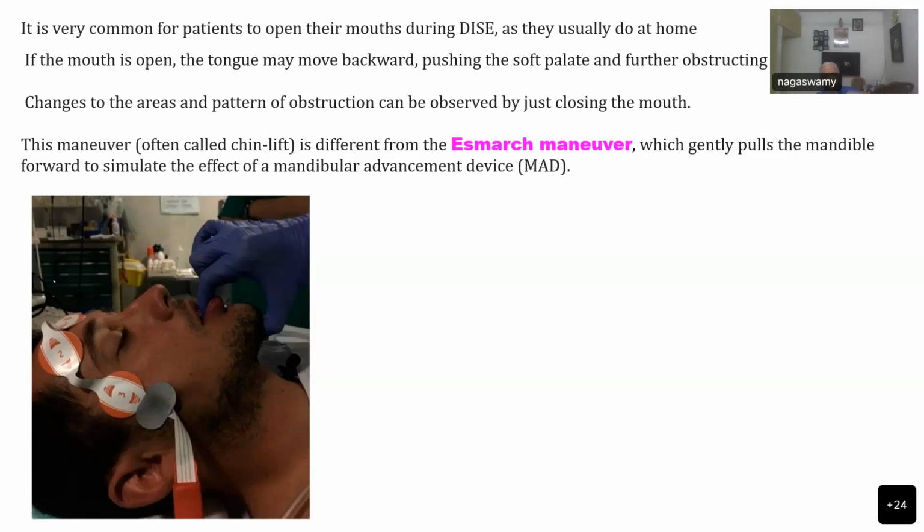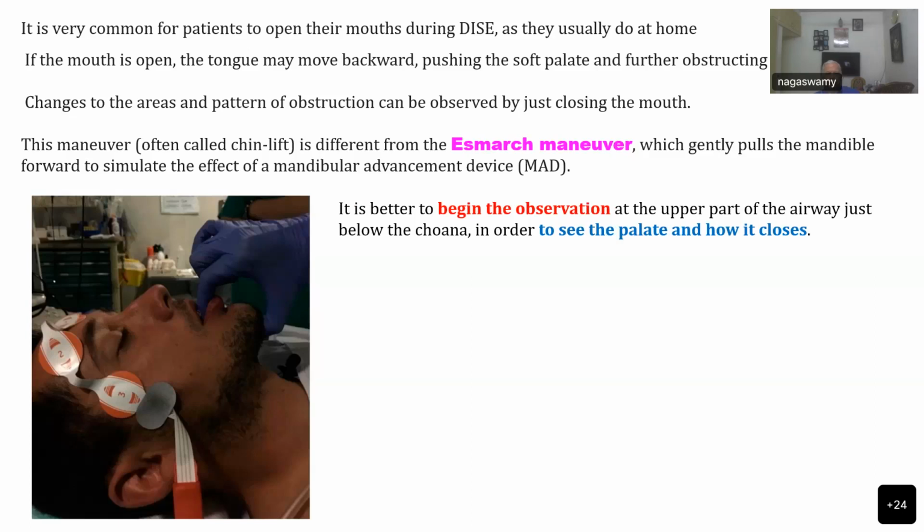Here we are pulling at the mentum level, at the lower incisor level. We hold the mandible and pull it forward. So it is slightly different. It is not a full jaw thrust, so it will not completely remove the obstruction and give a false positive normal airway. So we must do only this maneuver if there is an obstruction.